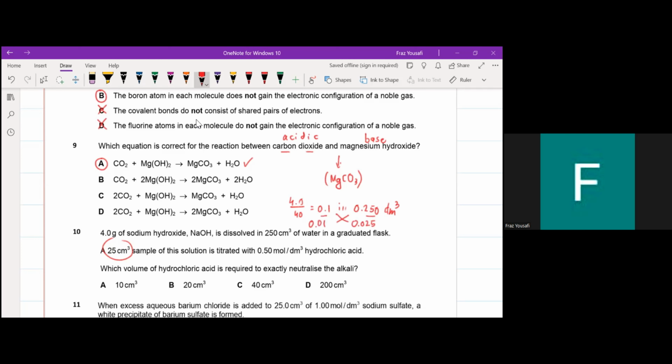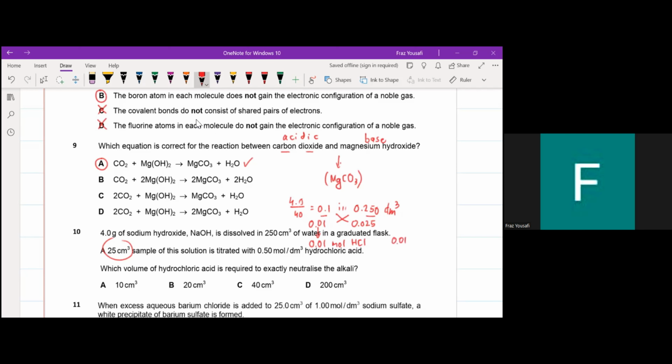Now, the other thing, the equation, they didn't give it to you, but you know what the ratio is. The ratio is 1 to 1, right? So if this is the moles of your alkali, this must be the moles of your acid, right? We know exactly how many moles of HCl are there. If this is the moles of HCl, now using the concentration of the acid given, we can work towards volume.